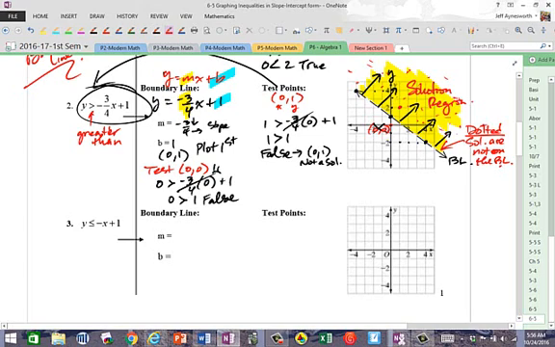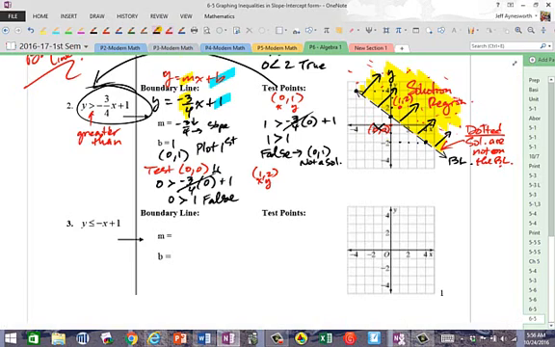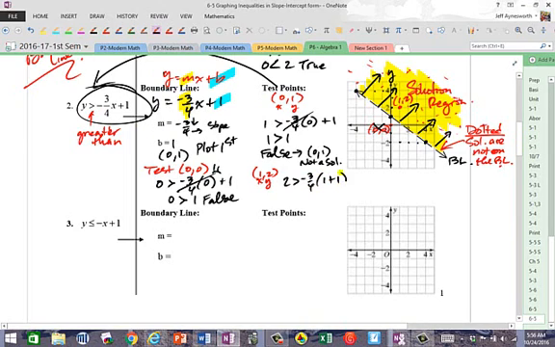I'll just show you. So 1 comma 2. Here we go. X is 1, y is 2. So you substitute 2 in there. So it's 2 greater than negative 3/4 times 1 plus 1. Well, let me write that a little bit better. There we go. So 2 greater than negative 3/4 plus 1. Negative 3/4 times 1 is negative 3/4.